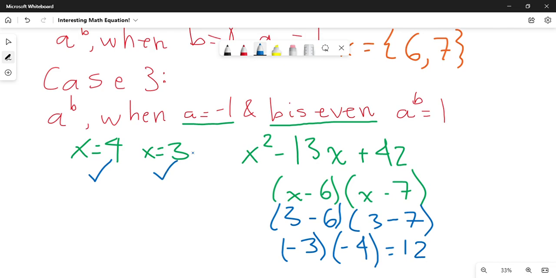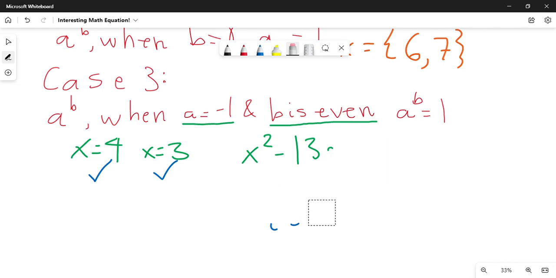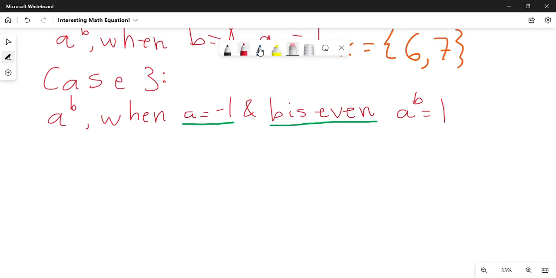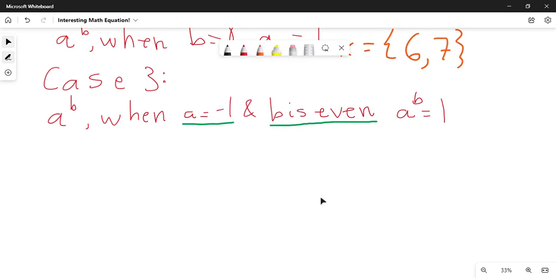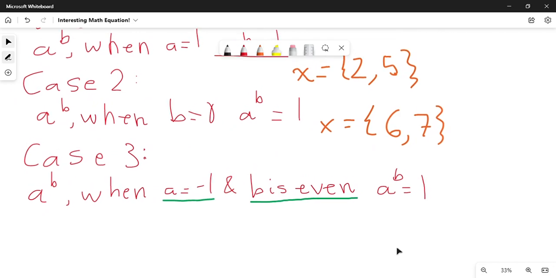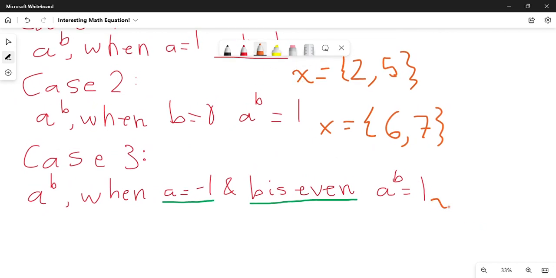So x equals 3 and x equals 4 both work in this case. We can write that down: x is equal to 3 and 4.